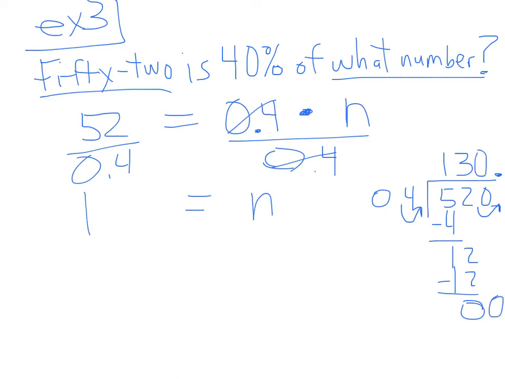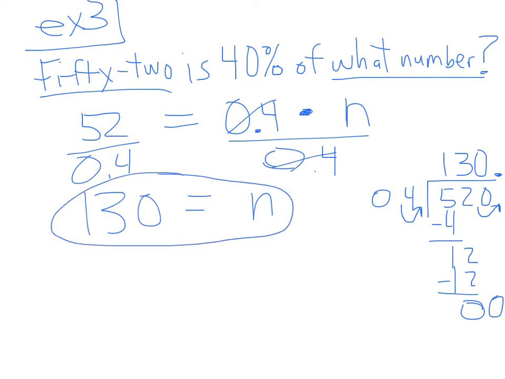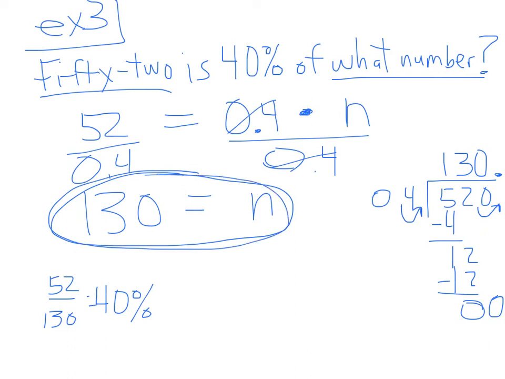So the answer ends up being 130. If you think about this, this is really 52 out of 130 is 40%. That's basically what you just found. So the one number that 52 is 40% of is 130. That's example 3, and let's go to example 4.